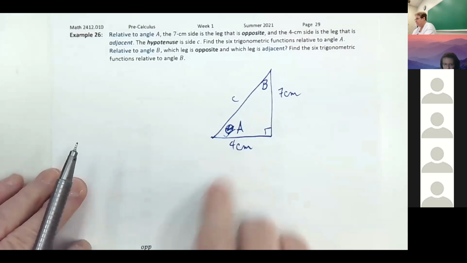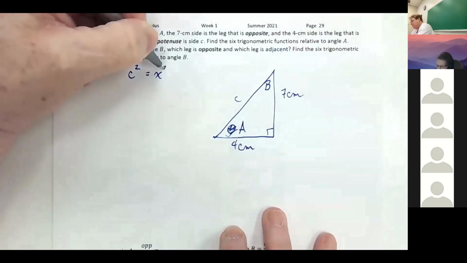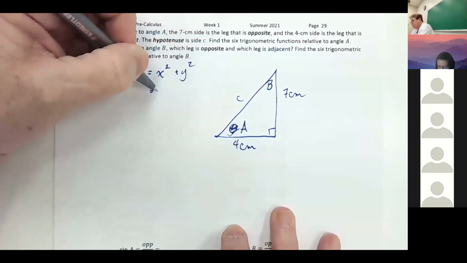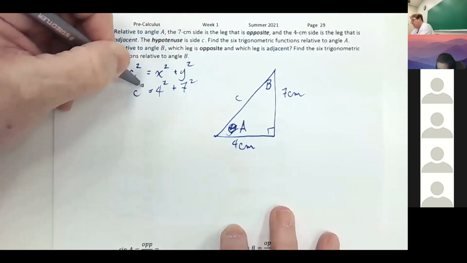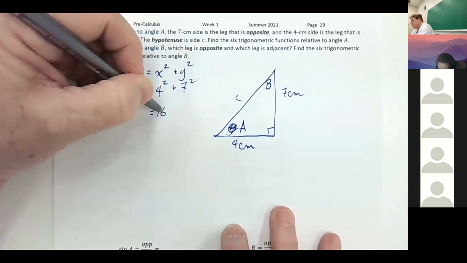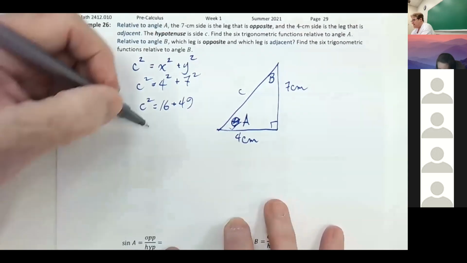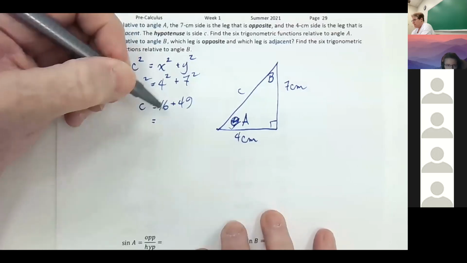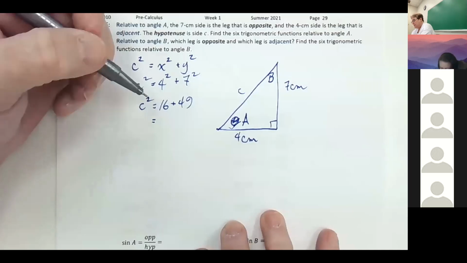49 plus 16 equals c squared. Good. And what is 49 plus 16? 65. Excellent.